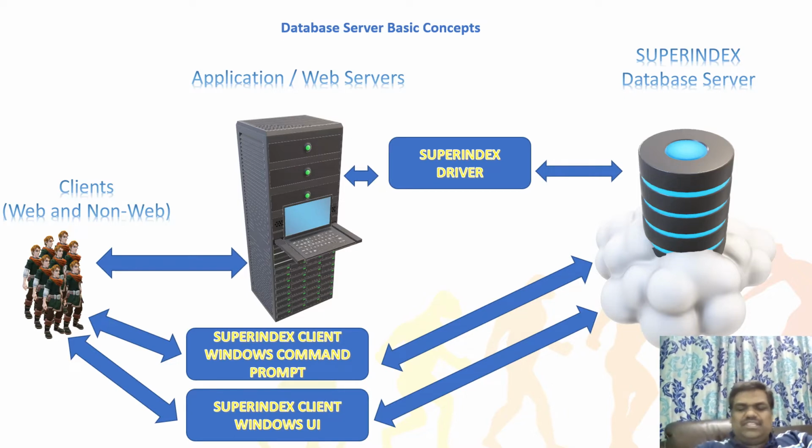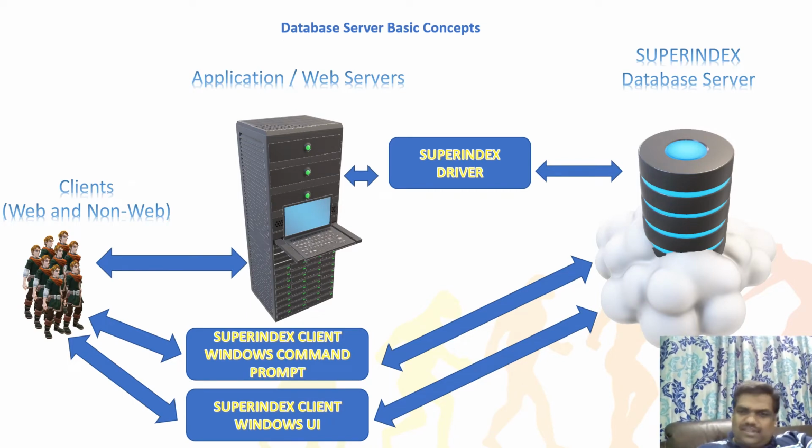They are for before going to production, or even after, if somebody wants to analyze directly without contacting anybody. And we have a Windows UI client also. SuperIndex also has a Windows UI client.